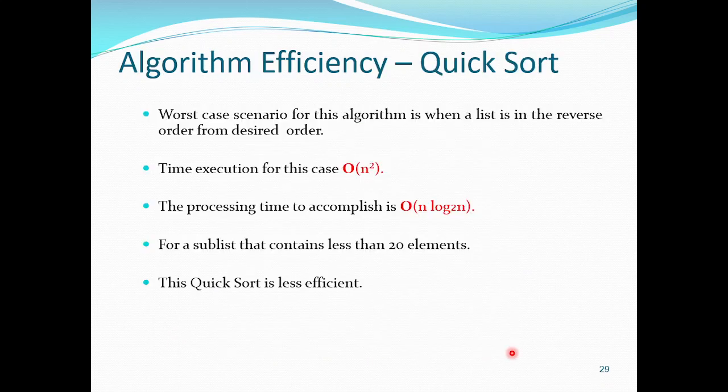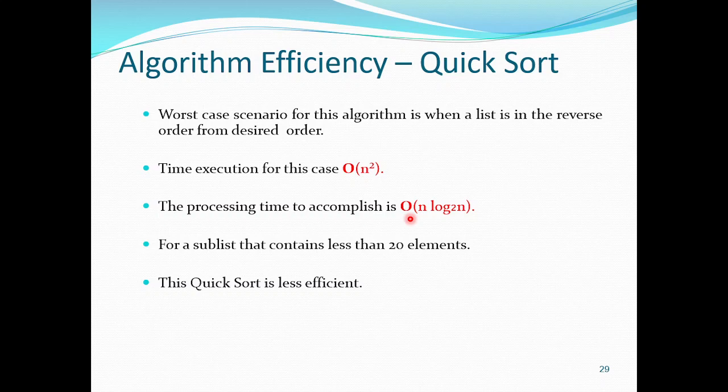So what is the quick sort efficiency? The worst case for the algorithm is when the list is in the reverse order from the desired order, the same as with the insertion sort. The execution time for this case will be O(n squared), but the processing time to accomplish quick sort will be n log n.